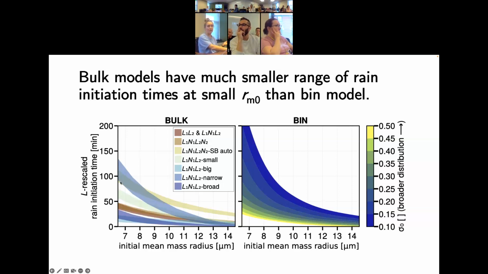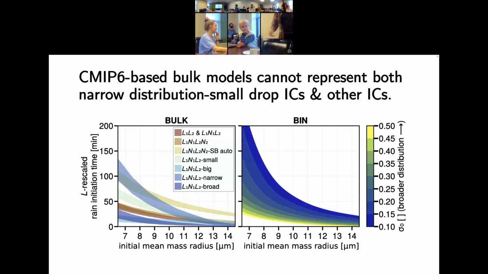And so collectively, you could say these can cover the spread of our benchmark model, but individually, they're all only capturing a small slice. And so basically, what we can see is that based on the assumptions that these models are making, we have a choice between representing most of the initial conditions well and not representing this narrow small drop regime.